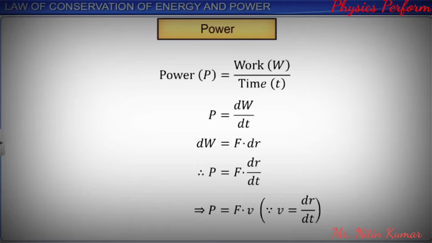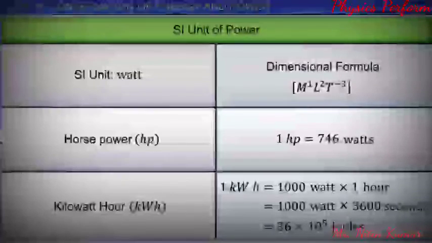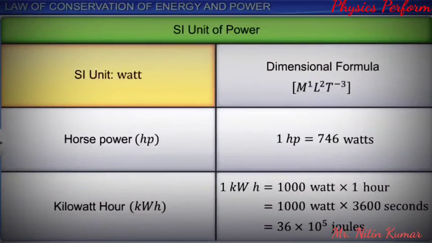Power is a scalar quantity and its SI unit is watt, and its dimensional formula is M power 1, L power 2, T power minus 3.